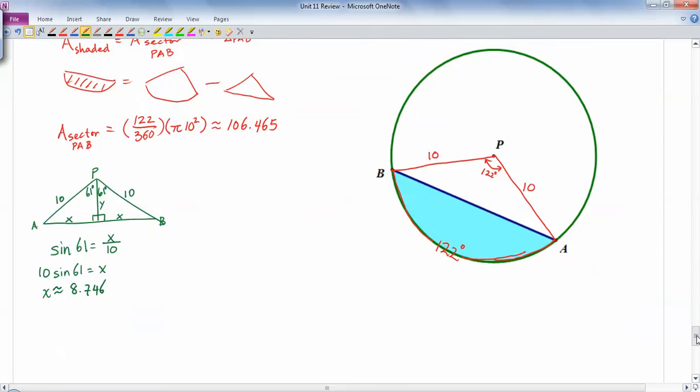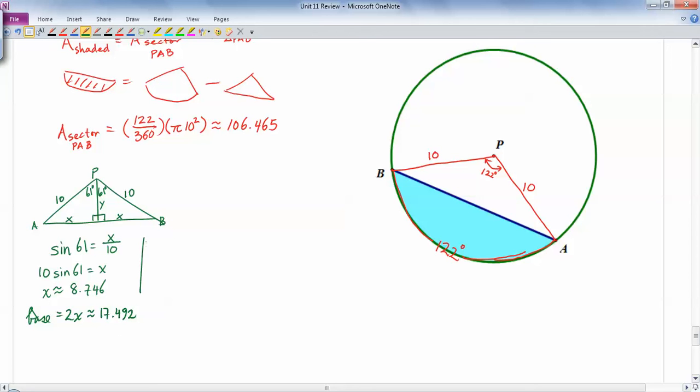And remember, the base of the triangle isn't just x, it's really 2x. So if you double that 8.7-ish, you end up with 17.492. I'm cutting and pasting these things in the calculator so that I can keep them more accurate as we go through the calculations.